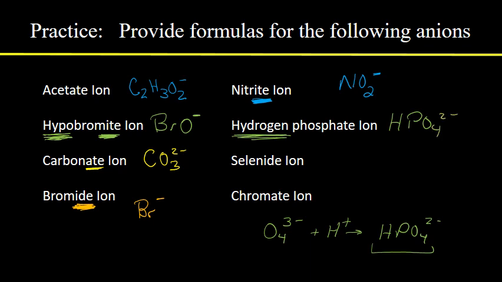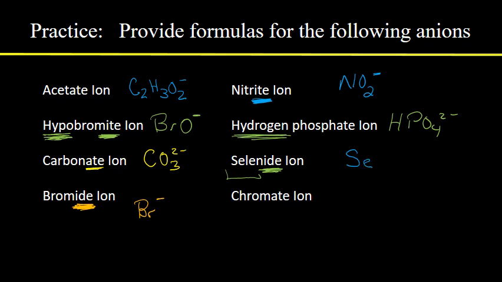All right, then we've got selenide. It's not one you see terribly often, right? But the fact that it ends in IDE means that it's just a simple anion, right? Monatomic. Selen means that it's based on the selenium. So that's Se.